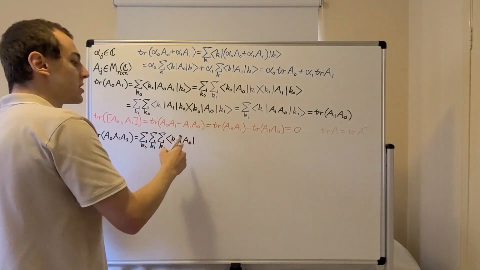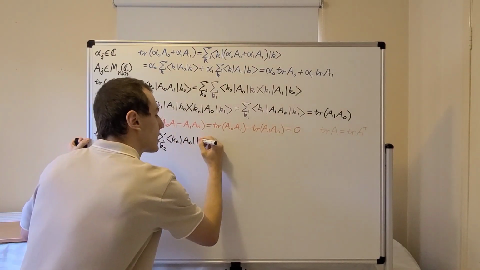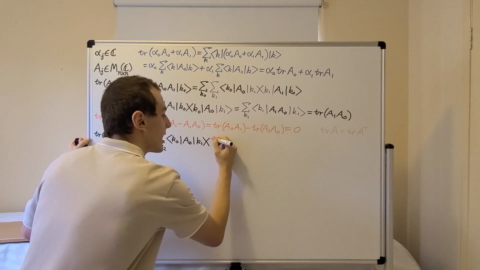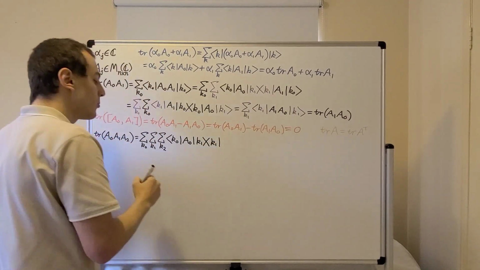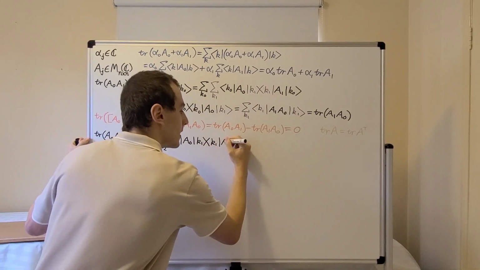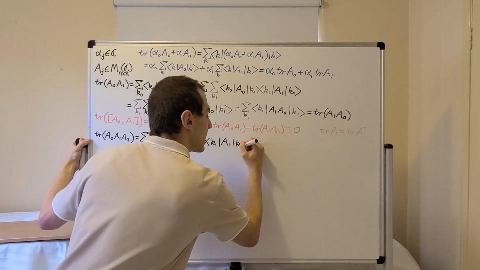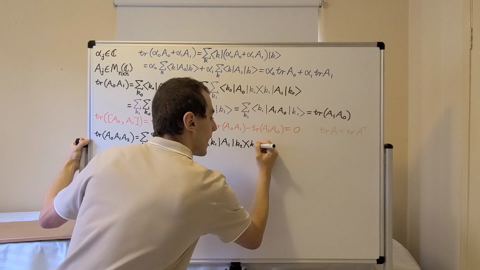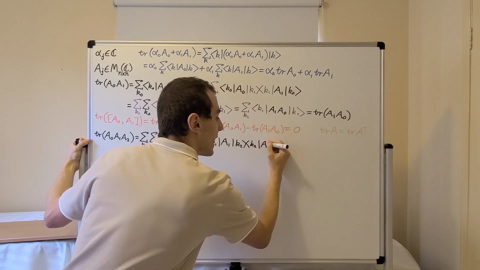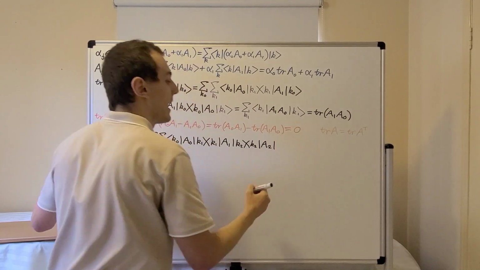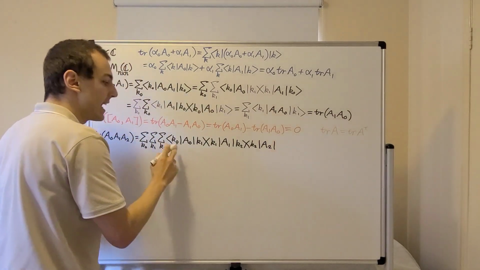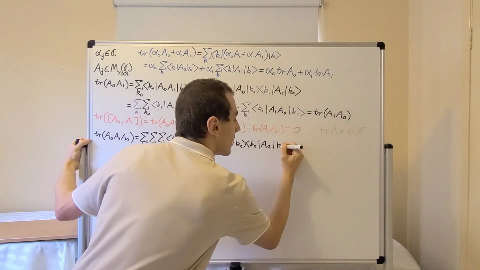Then we're going to insert the identity, and we'll construct the identity using the index K1. Then we're going to have A1, and then we'll insert another identity with K2. And finally, we'll finish off with A2. And over here, we're going to need a ket of K0.